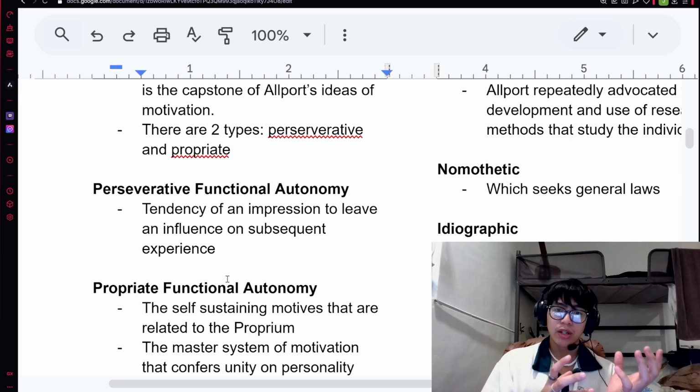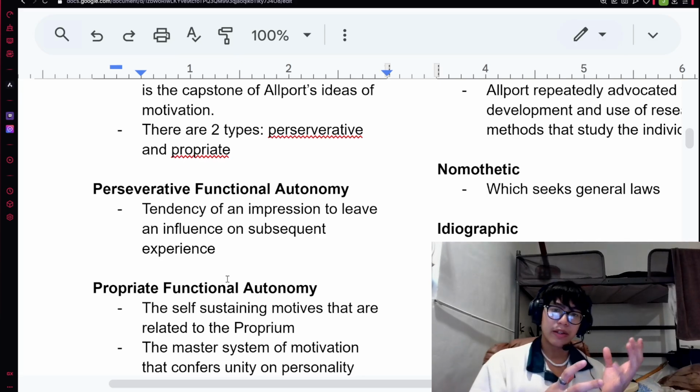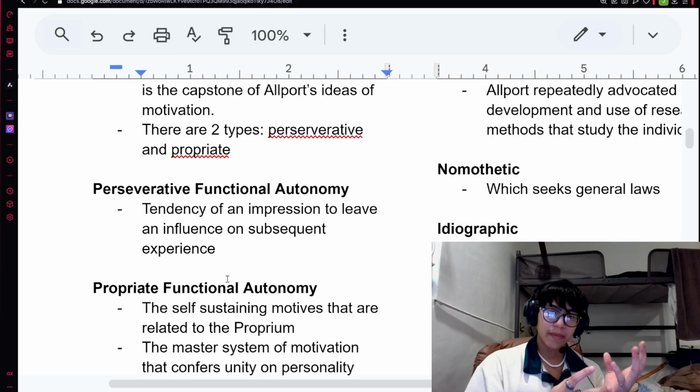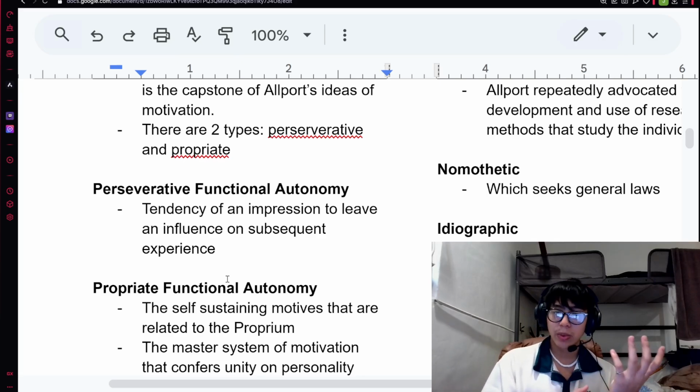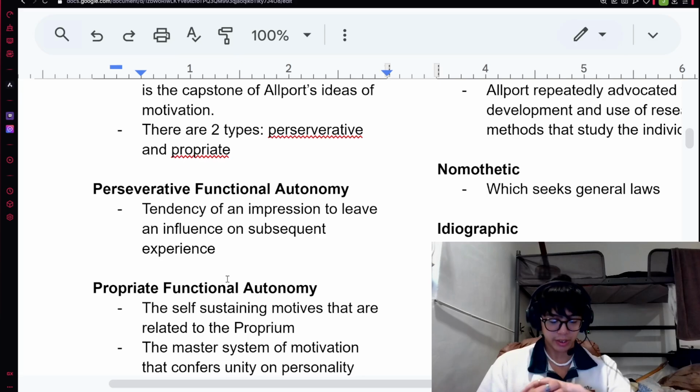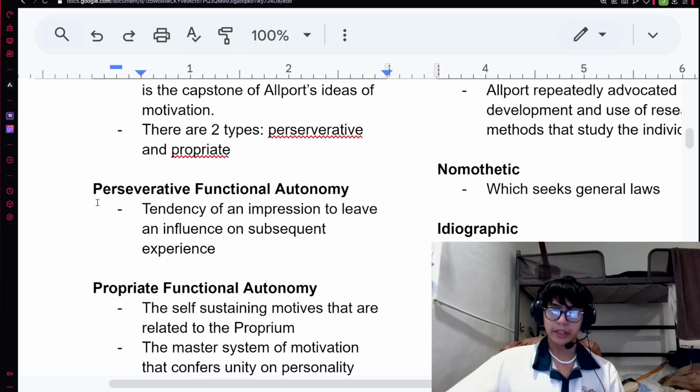It changed the motivation on a subsequent experience. So that's kind of the easiest way I can explain it to someone.